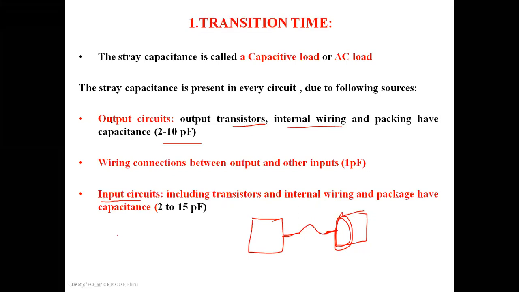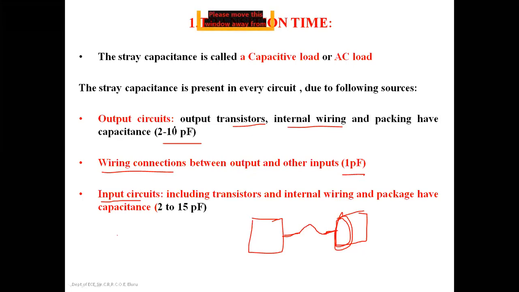At the output stage and the input stage, we connect them with the wiring connections. The wiring connections also give stray capacitance, which is in the order of 1 picofarad. So most of the stray capacitance is realized at the output and input of the circuits.